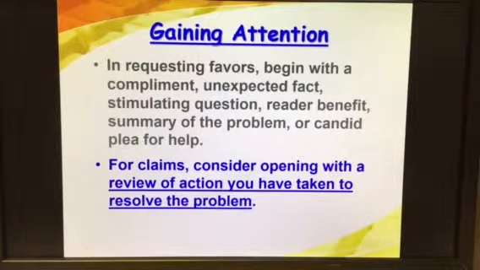For claims, this is where you are making a claim, say, to get reimbursement for something, or credit to your account, to be able to return a product or whatever. Consider opening with a review of action you've taken to resolve the problem.